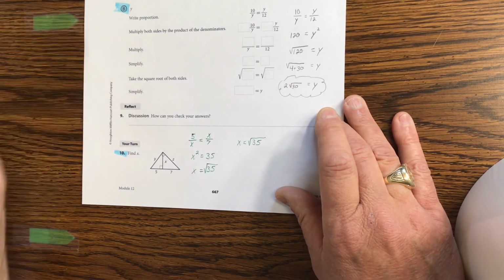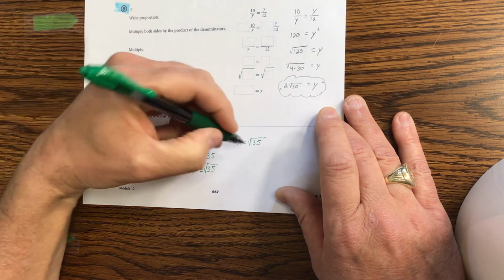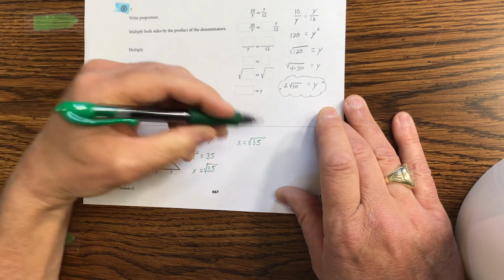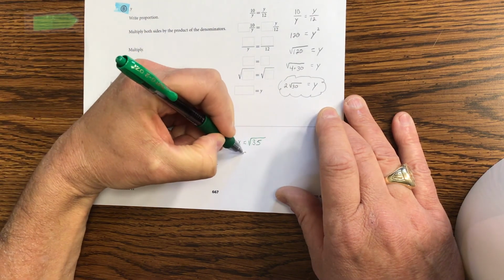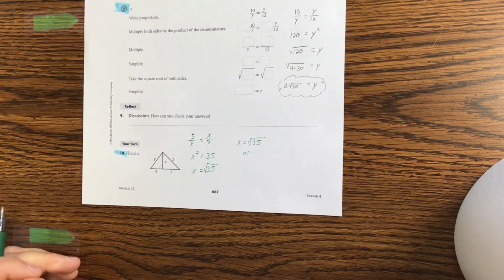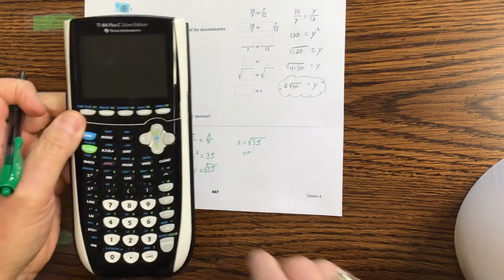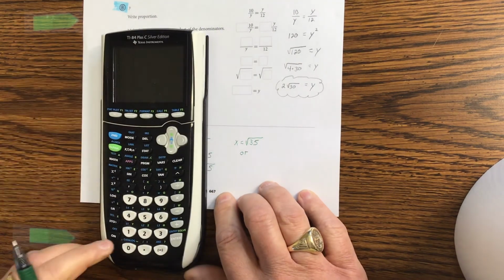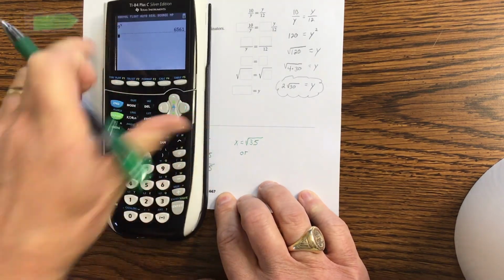Now also, major sidebar, remember I will have it as a radical, but some of you who are going to be using your calculator, which is okay, to find the square root of 35, you take your calculator out.